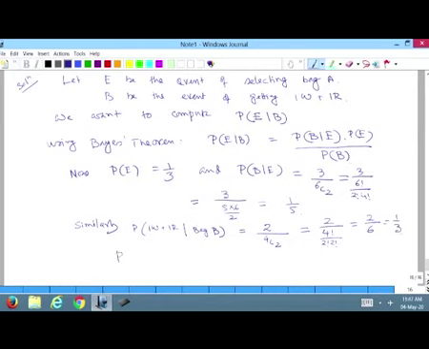And probability of 1 white plus 1 red given bag C is equal to 12 upon 12C2, which is equal to 12 upon 11 into 12 by 2, which is equal to 2 upon 11.